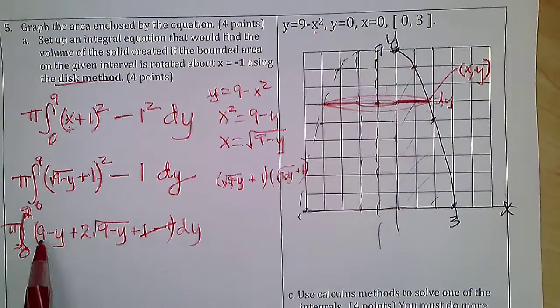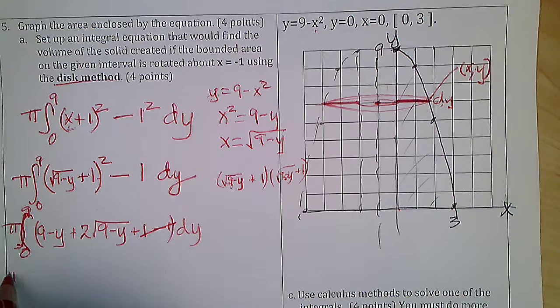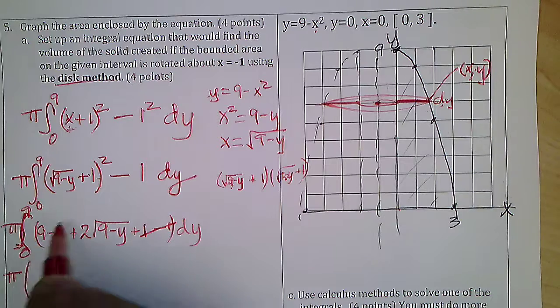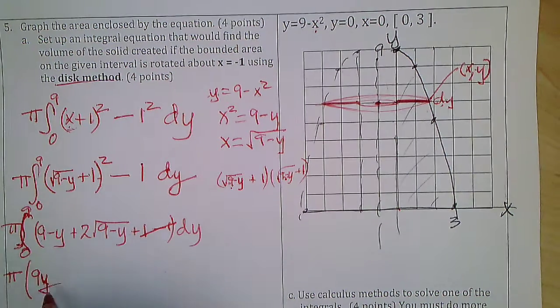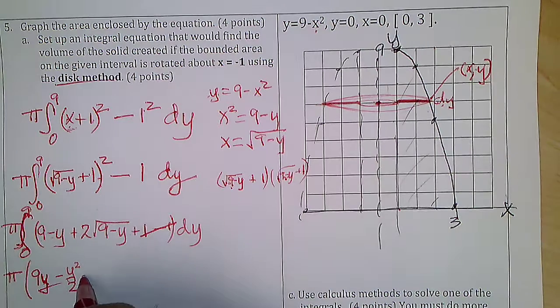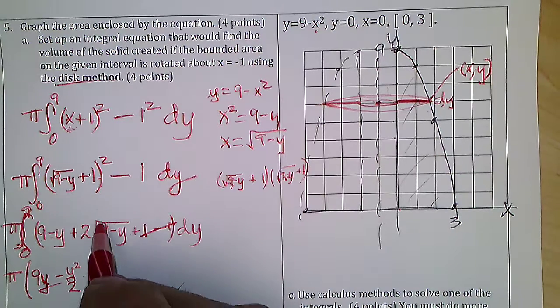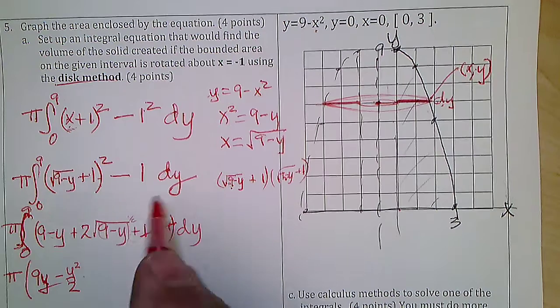And so I have this to integrate, which should be pi. 9 integrated is 9y. Y integrated is minus y squared over 2. And then this integrated, this is like 9 minus y to the 1/2. So we add one, so that'd be 3/2.